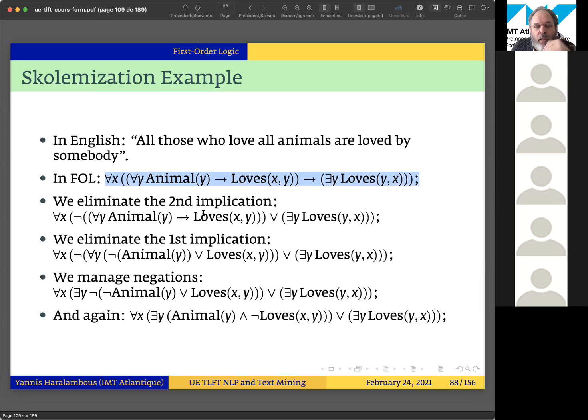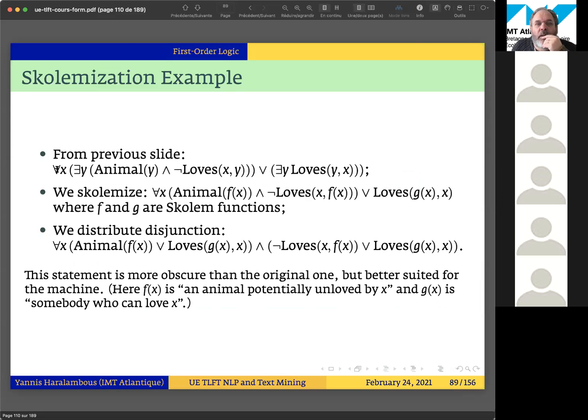I start by eliminating implications and so on, and I get a formula which is not yet conjunctive. Here I have a formula where I have here a universal and here an existential quantifier. So this one is in second position.